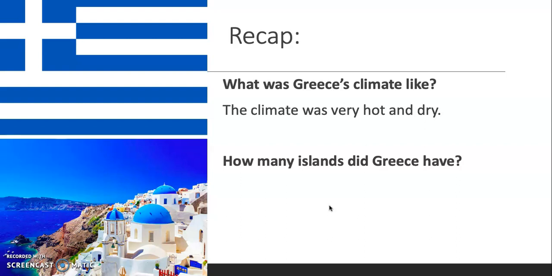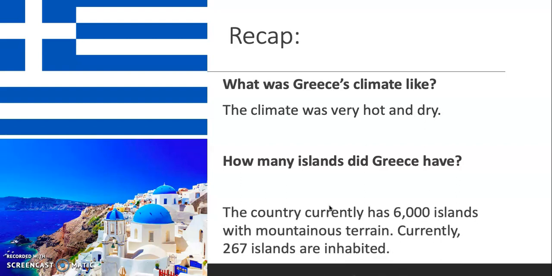So how many islands did Greece have? We did discuss this on Monday. That's right, we had 6,000 islands, again with mountainous terrain. Currently 267 islands are inhabited. For those of you who are unsure with that term, inhabited means to be lived on by humans, or that humans have settled there.